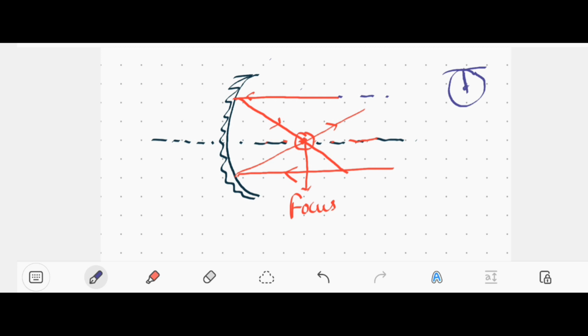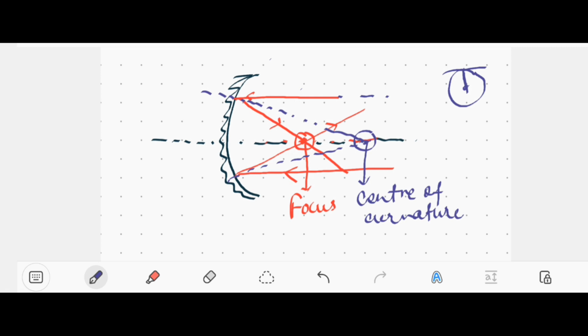Similarly, if we draw a normal to this spherical surface, it will pass through a point, and this point is known as the center of curvature. This is the center and this is the focus point. We denote them by C and F.